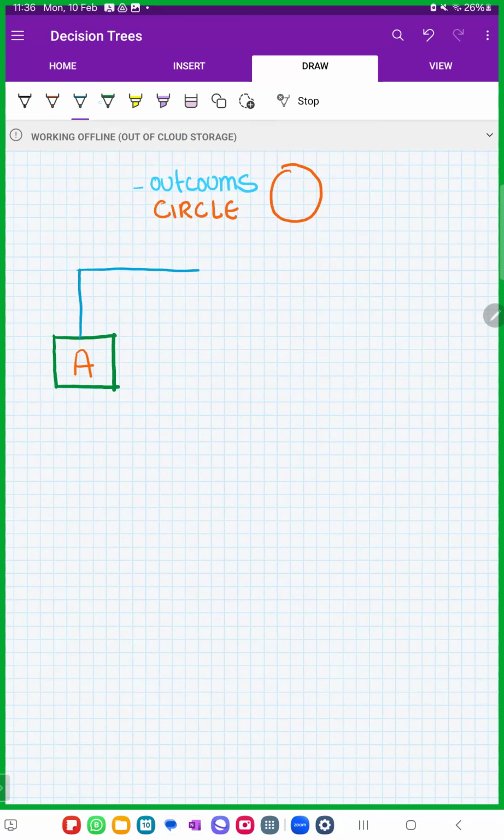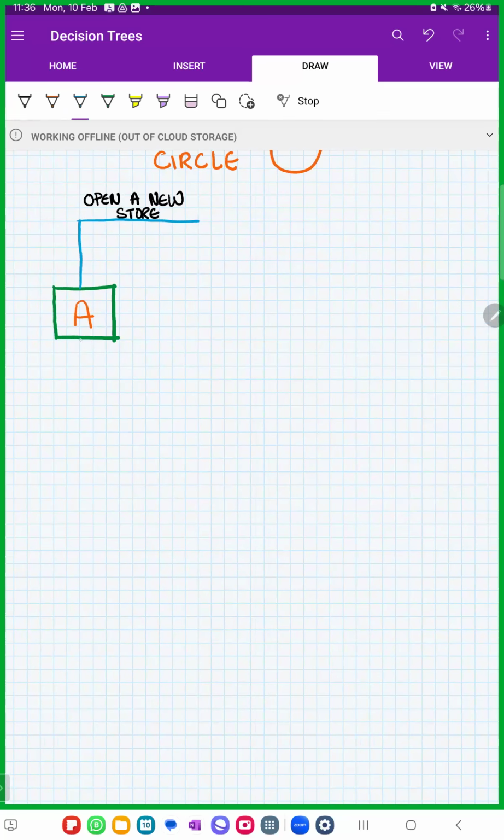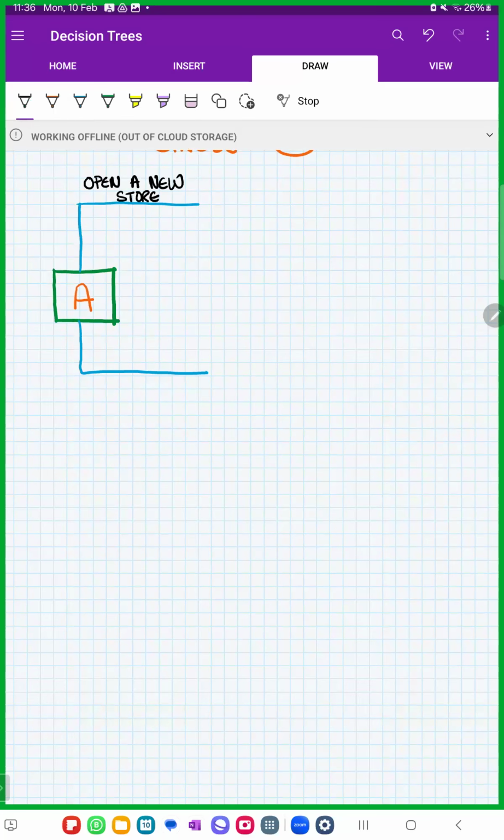One decision is, let's say, to use my money to open a new store. This is decision number one. And my second decision is to expand my website, or let's say launch a website.